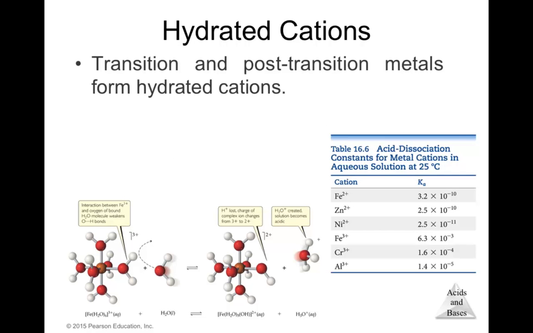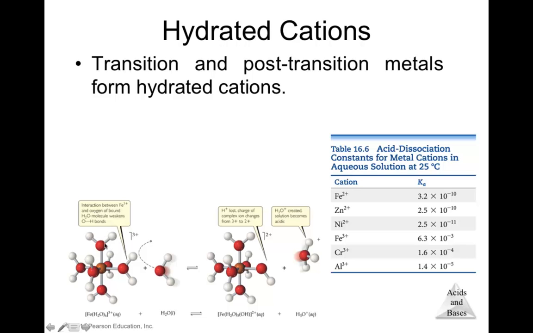And this is why. The transition and post-transition metals form hydrated cations. So that metal is going to bind molecules of water around it. As we can see here, this is iron, and you can see a molecule of water that is bound to this cation, and also this other water is bound to this cation, and also this one.